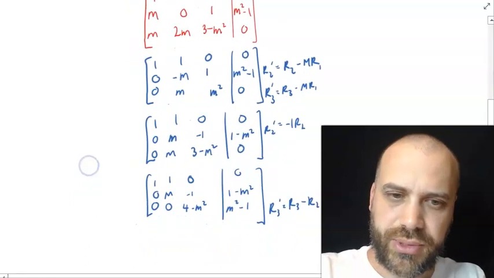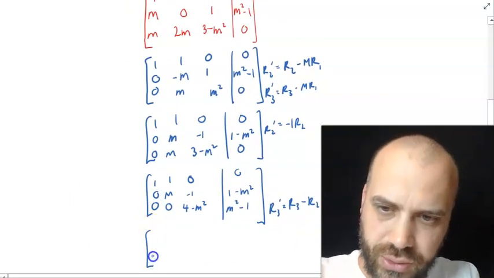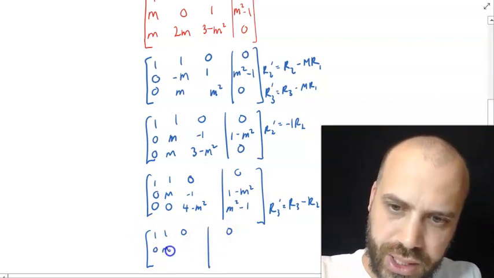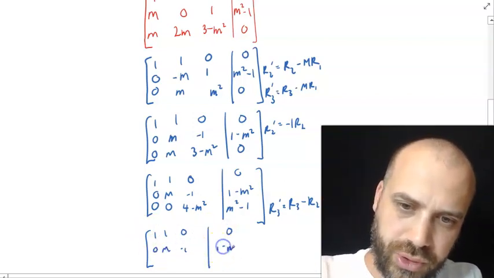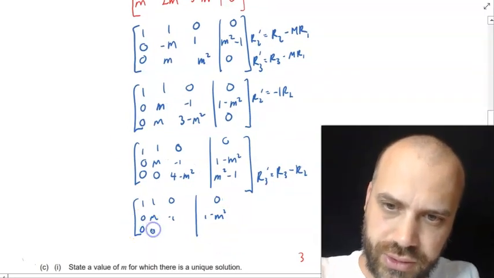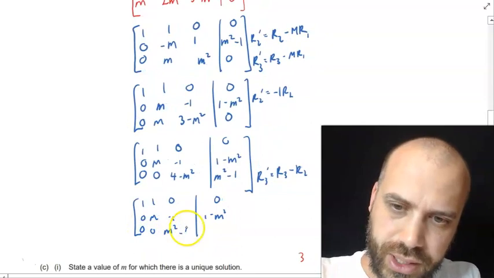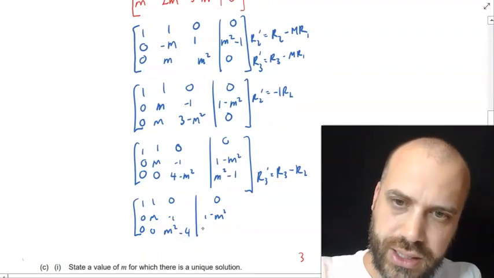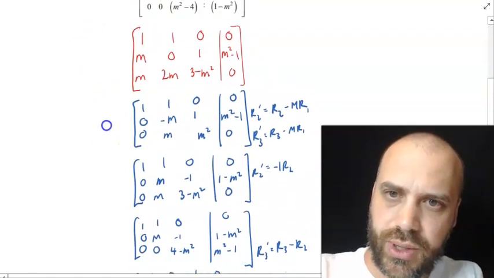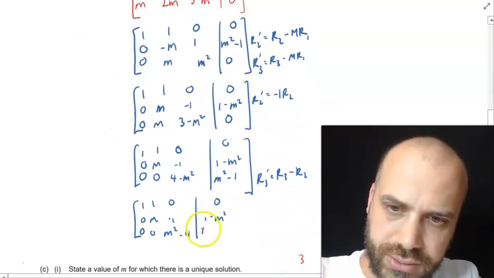That's fine, because we can do that same thing with the row operation. So we can multiply that bottom row by negative 1. So we've got 0, 0, M squared minus 4, and what are we aiming for? 1 minus M squared.